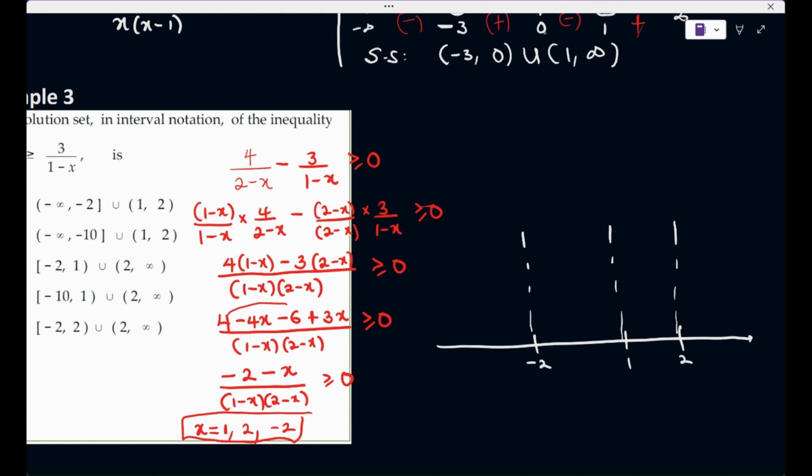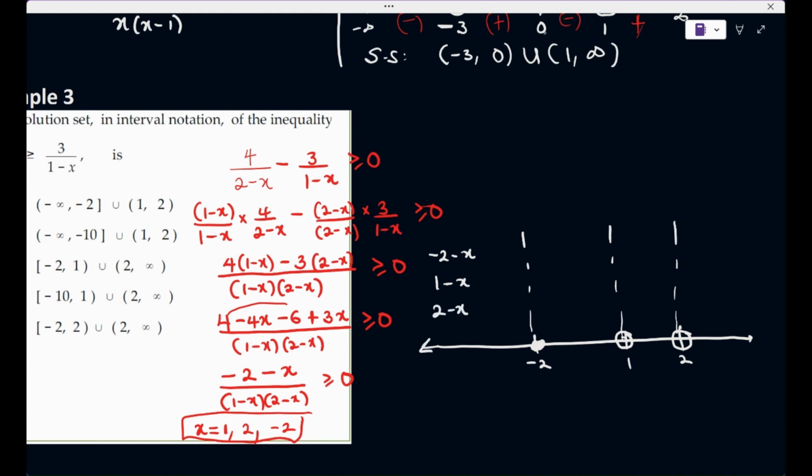Now we have to open the zeros coming from the denominator, and as you can see, both 1 and 2 come from the denominator. But since we have equal to 0, at minus 2, let's keep it closed. So what are the factors here? Minus 2 minus x, 1 minus x, and 2 minus x.